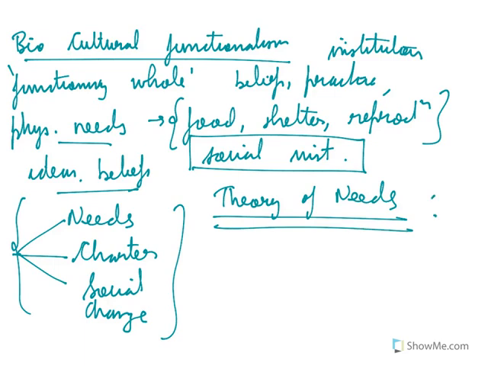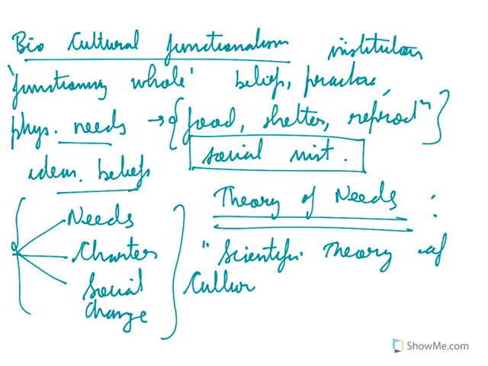His important work was A Scientific Theory of Culture and Other Essays, which was published in the year 1944. Malinowski argued that there were three levels of needs required to be satisfied for survival of a group.